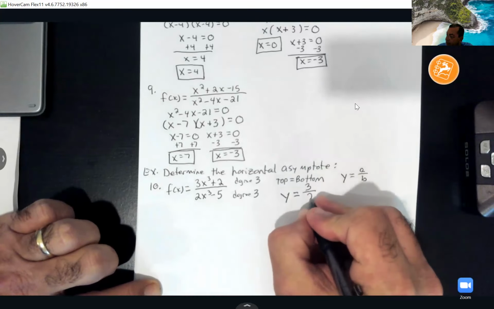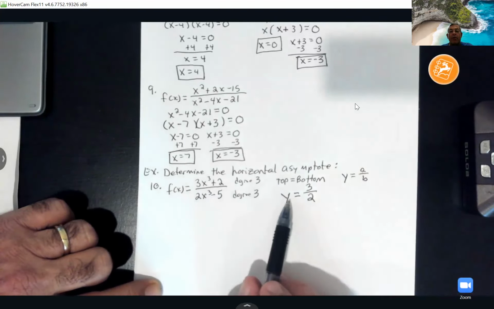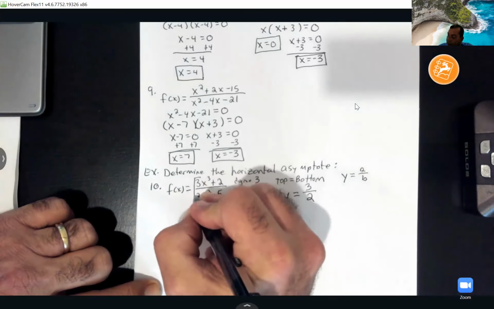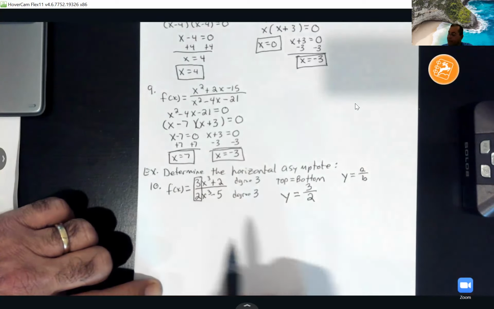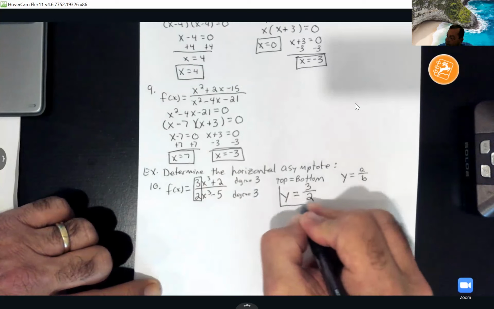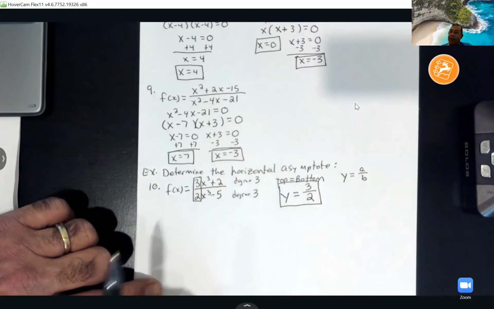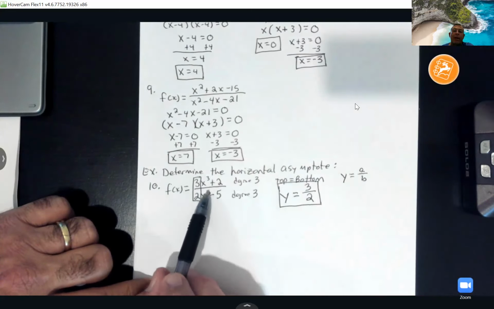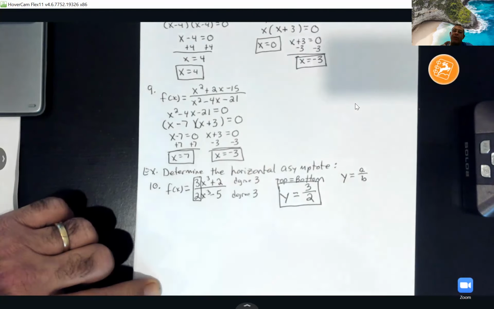So when your degrees are equal, your horizontal asymptote will be the lead coefficients, okay? Now, y'all, you just got to remember one thing. What if the top was x3 and it was over a 2x3? If there's not a number shown on top, you got to treat it like a 1, okay?